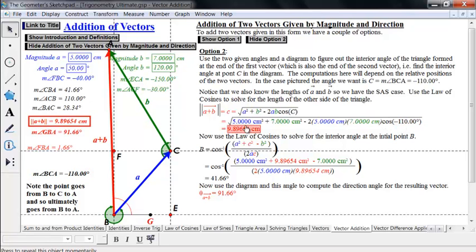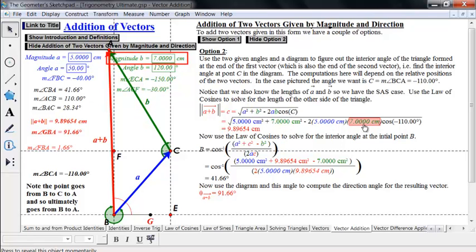So anyway, you work this out using the law of cosines to find the measure of the other side. So the norm or magnitude of vector A plus B, in other words side C of our triangle, is the square root of A squared plus B squared minus 2AB cosine C. That's the law of cosines solved for a side. So just plugging in the numbers, A is 5, B is 7, those are the magnitudes.